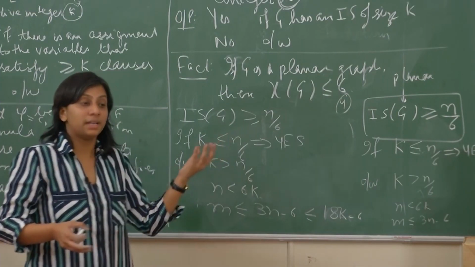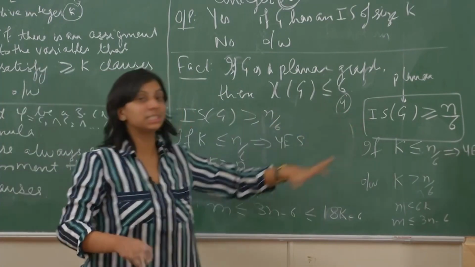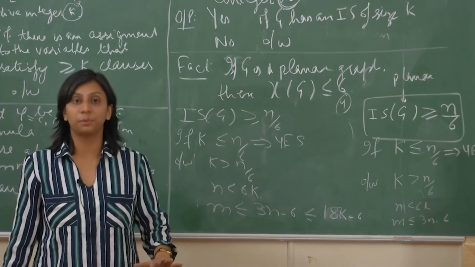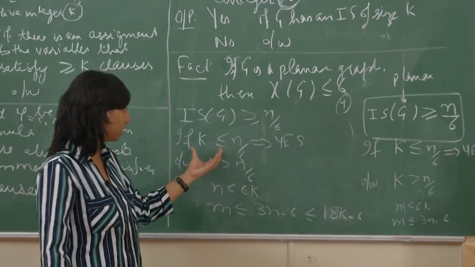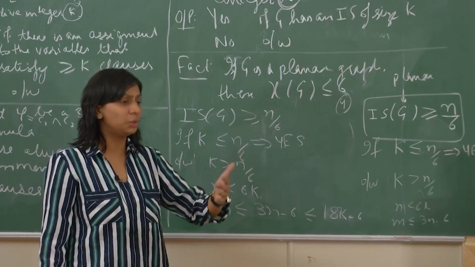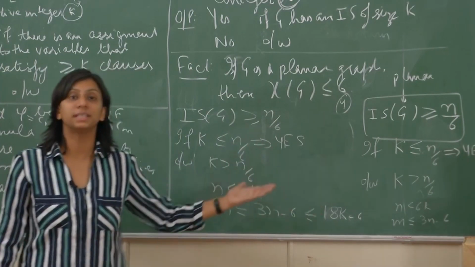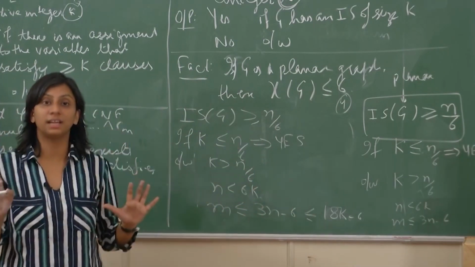But this observation saves me from doing all this pre-processing. This observation is just saying, if this is the case, then you don't even have to look at the graph. You know it's a yes. So I just saved that there.